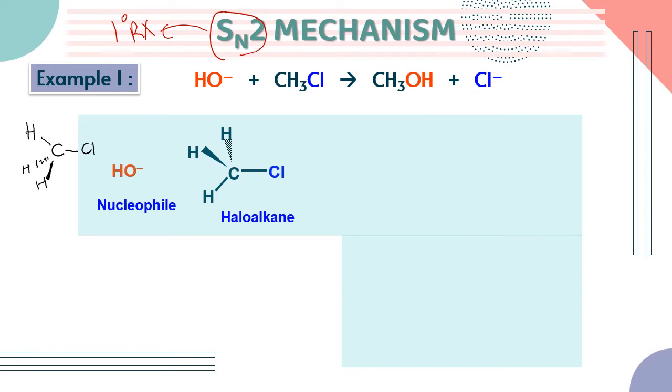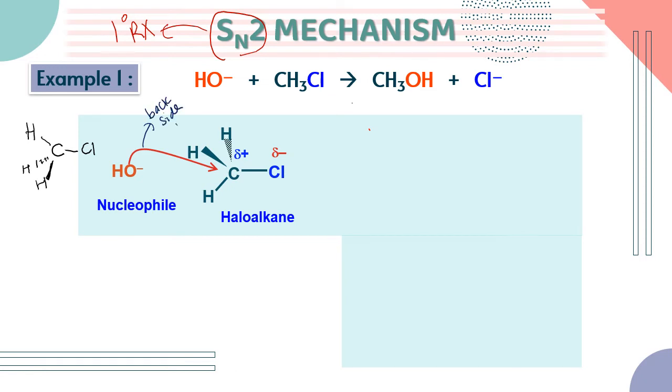Okay, so this is the haloalkane. Carbon tadi partially positive, chlorine partially negative. So the hydroxyl group akan attack carbon. So this is what we call as the backside attack.